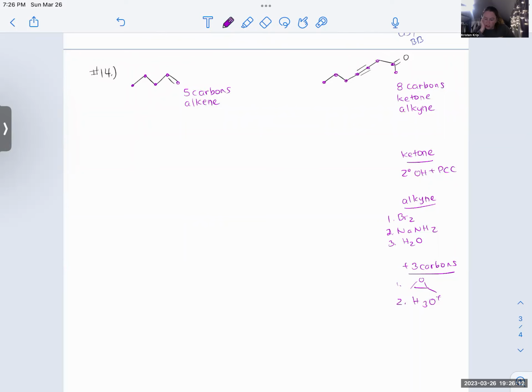So we are starting with 5 carbons and an alkene. What do you guys want to do first? The alkyne stuff first, right? Yeah, let's do the alkyne stuff first. So let's throw some bromine at it. And that's going to add bromine to either side here. And then we want to just take everything away, basically the bromines and the hydrogen.